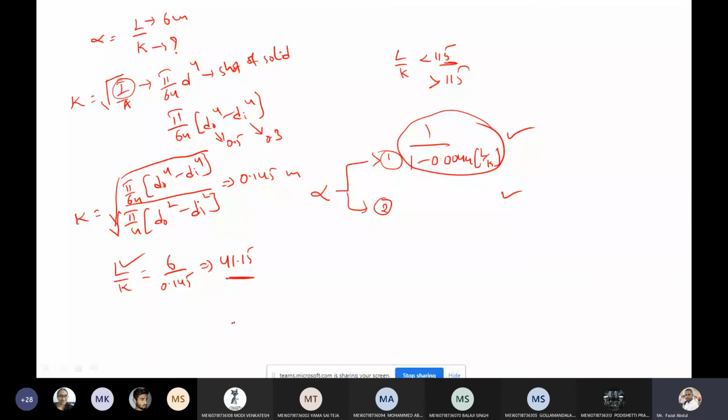So alpha is equal to 1 by 1 minus 0.0044 into L by K. Now tell me the alpha value. L by K we just calculated as 41.15. Substitute here. Tell me the alpha value.